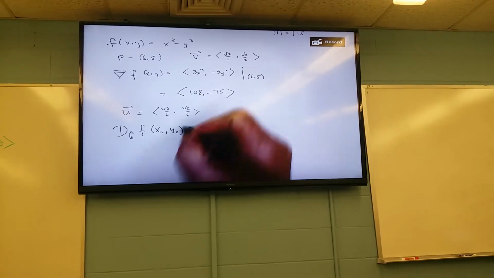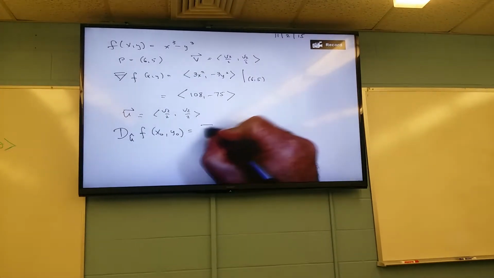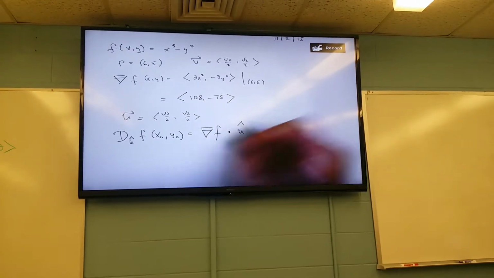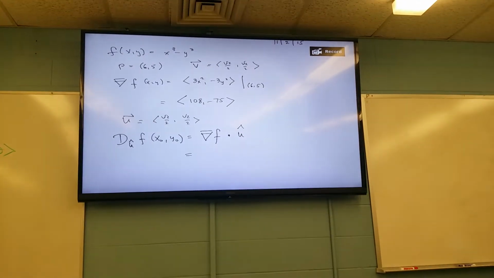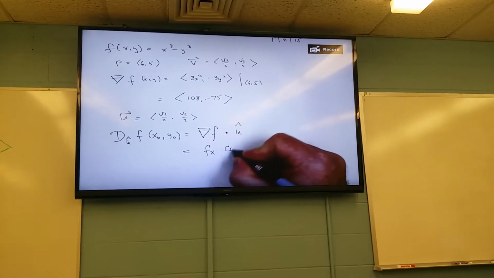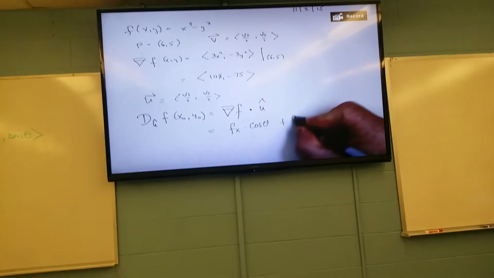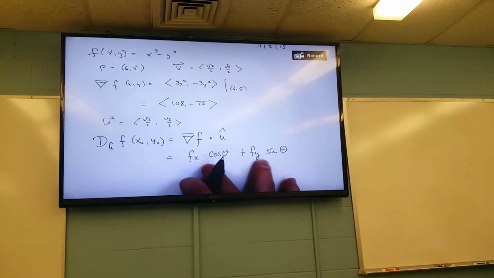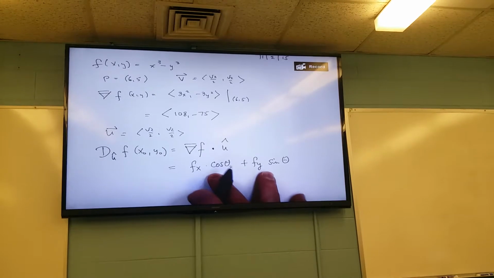What you do is take the dot product of the gradient with the unit vector. That will give you the partial with respect to x times the cosine of the angle, plus the partial with respect to y times the sine of the angle. Okay, that's how you find a directional derivative in any direction.